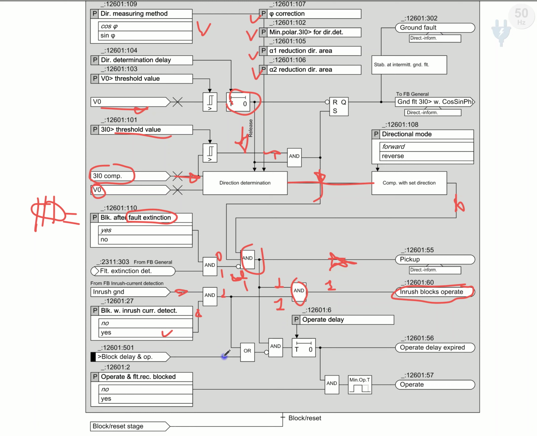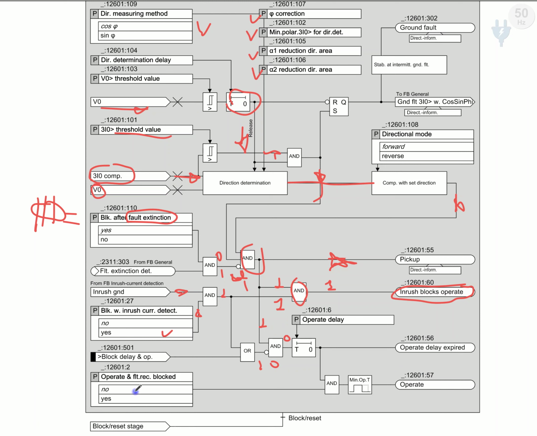Block delay and operation, this is the signal that it operates. Also the block from an inrush comes to here, and here it becomes 1, the 0 is applied, now the output becomes 0, even though we have a signal of 1 here. So it will not operate and our operation will be blocked.